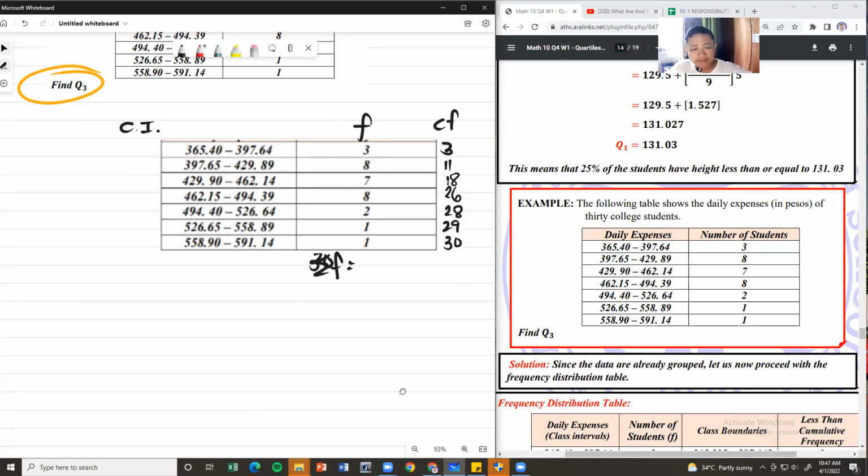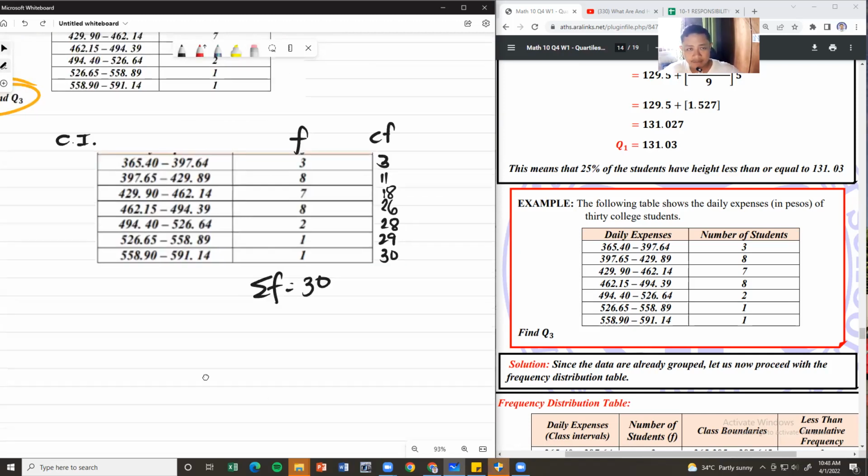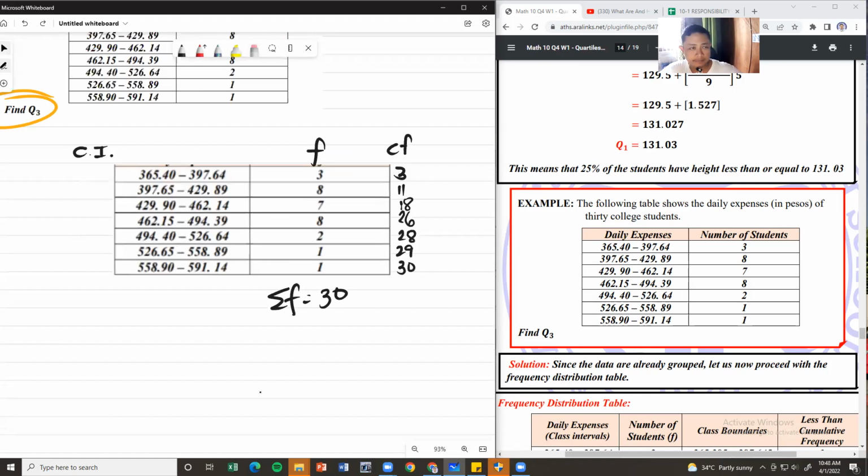Okay. After that, I'll just rewrite this kasi nag-overlap. So the summation of F is 30 and it matches our cumulative frequency. Okay? Now, after that, this is already our FDT or our frequency distribution table.